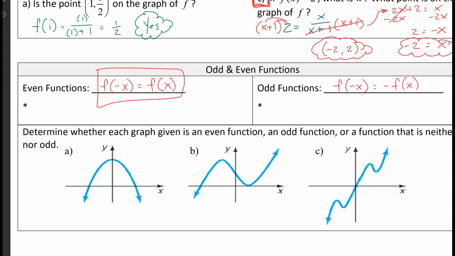Exactly. Here on even functions, the only variable being negated is your x variable, meaning it's a reflection over the y-axis. So here you can write symmetric with respect to the y-axis.